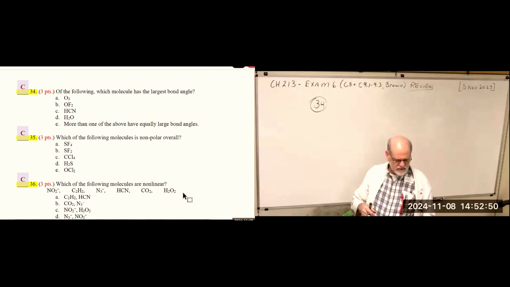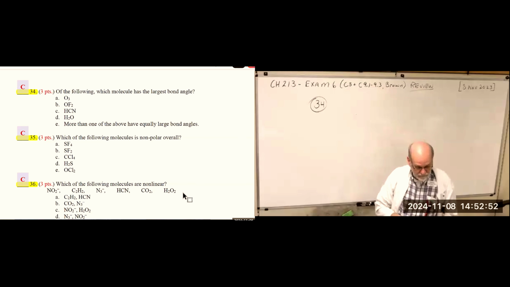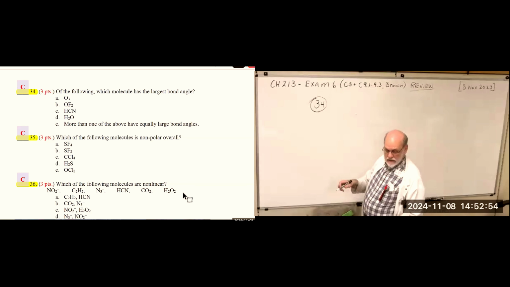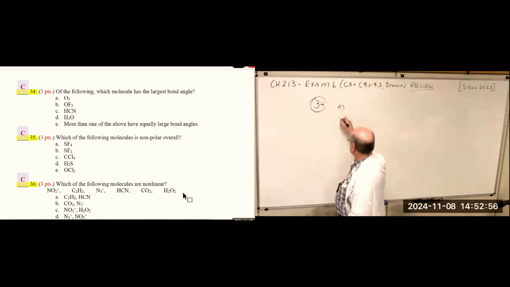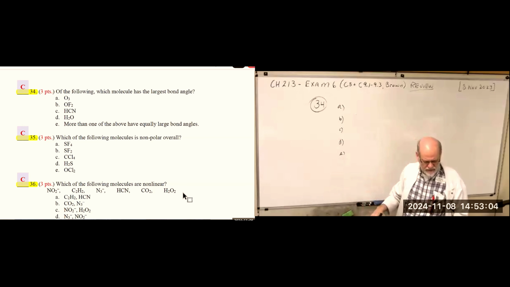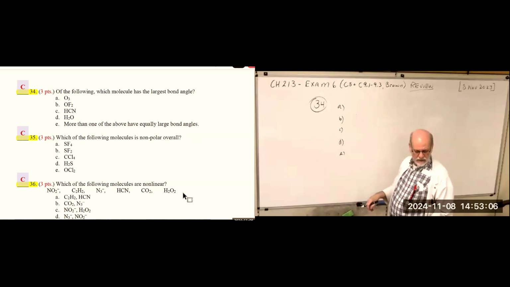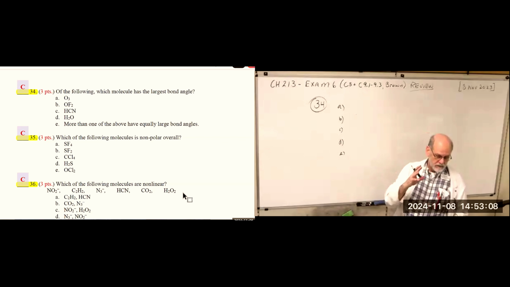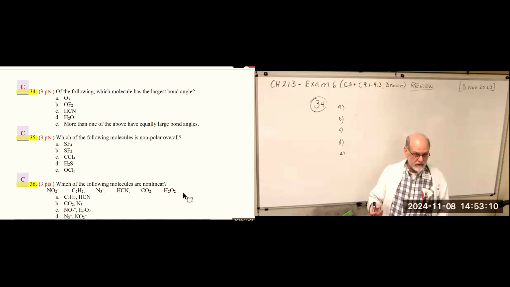34. Of the following, which molecule has the largest bond angle? Okay. Again, we can do the ones that we've already done before and save ourselves some time. E, more than one of the above has equally large bond angles. Okay. Well, what's the largest bond angle you can have in a molecule?